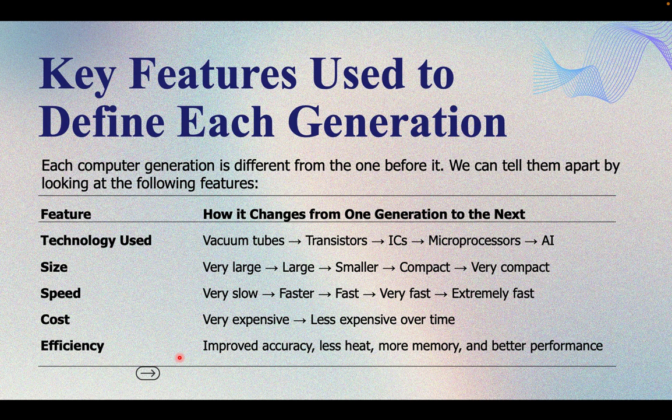Then we'll also talk about the efficiency, how accurately they process data, how much heat they produce, the memories they work with, from low performance to better performance. We look at all that. So those are the features that we use to differentiate between, or define, each generation of computers.